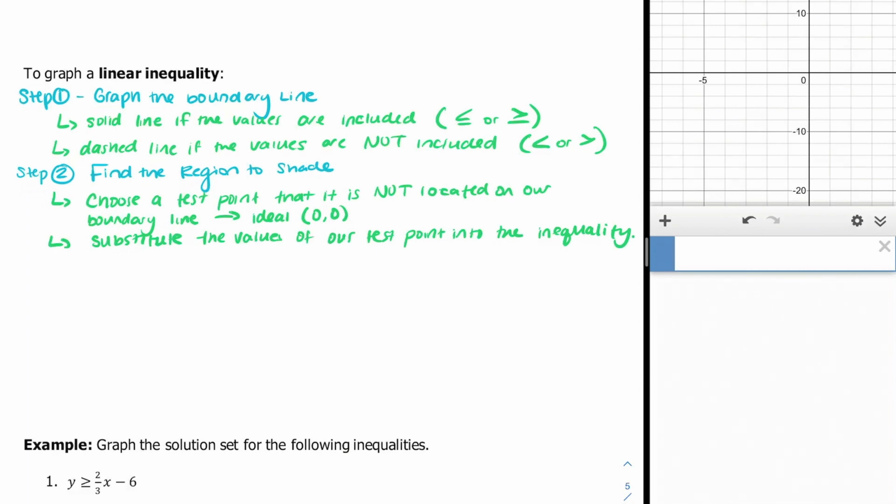So if we have the inequality and we choose the test point 0, 0, every time we see an x, we're going to plug in 0. Every single time we see a y, we're going to plug in 0. And we are just going to straight up plug in those values to see what happens.